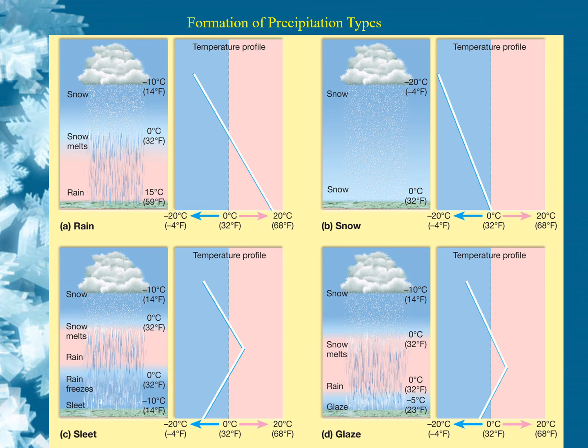That snow is going to melt into rain as you expect, but if you have a temperature inversion and you have a thin layer of below-freezing air at the ground surface, maybe due to overnight cooling, well, that rain is pretty cold as it's falling, and it's not going to freeze as it goes through that cooler air at the surface because that air is not thick enough, and it hits the ground as supercooled fluid and then instantly creates a glaze of ice over everything.